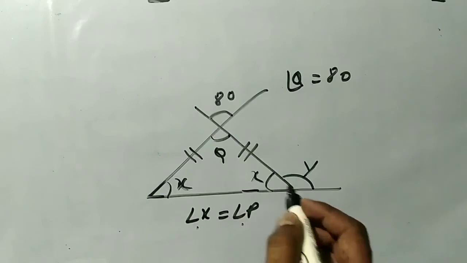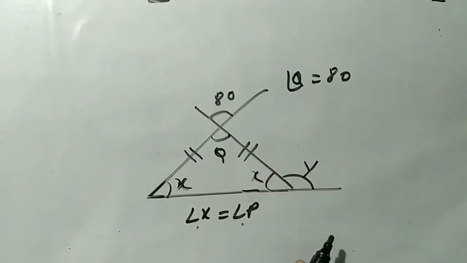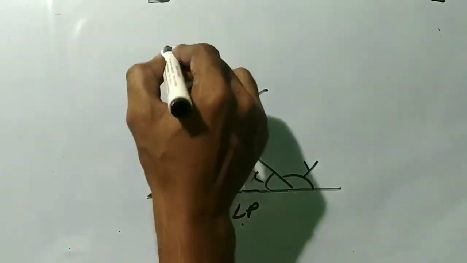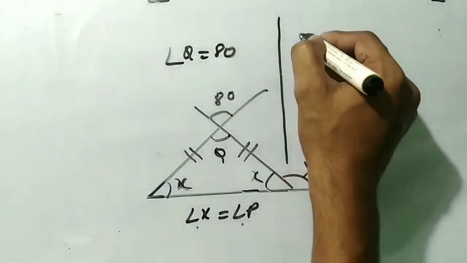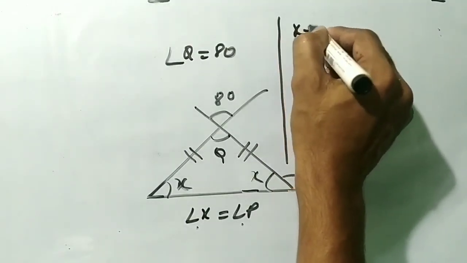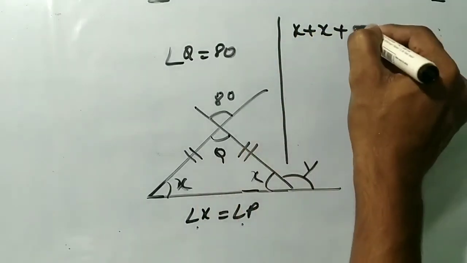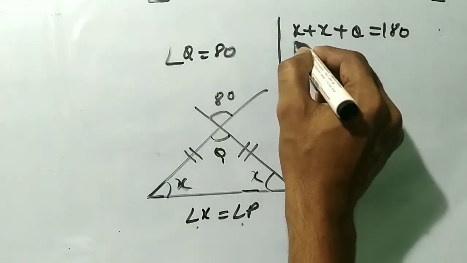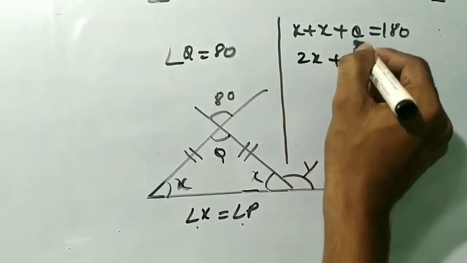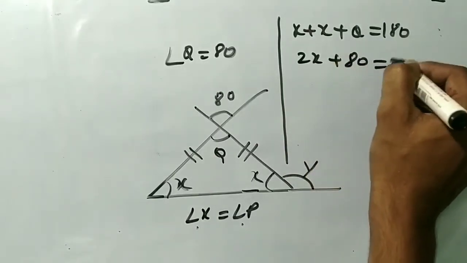So again, the summation of three interior angles: x plus x, that is 2x, plus angle Q, which is 80, is equal to 180.